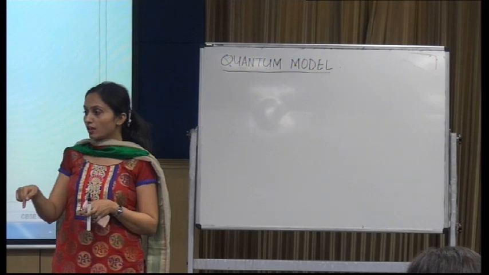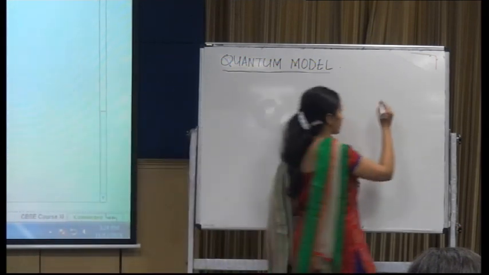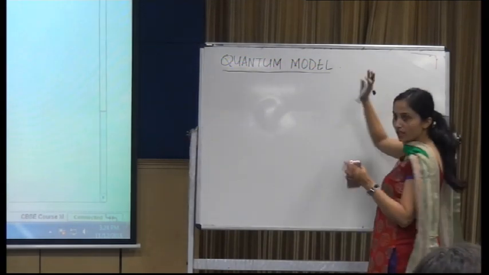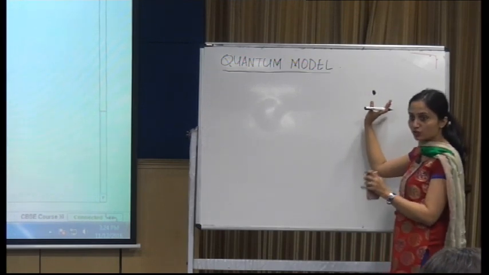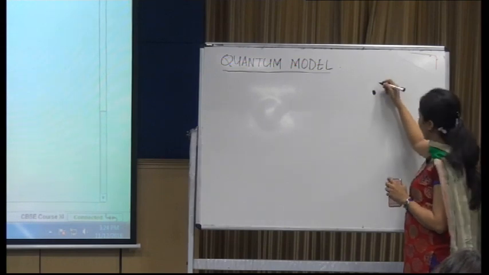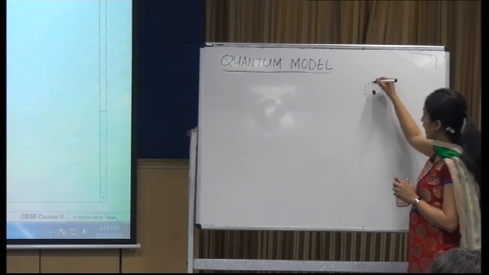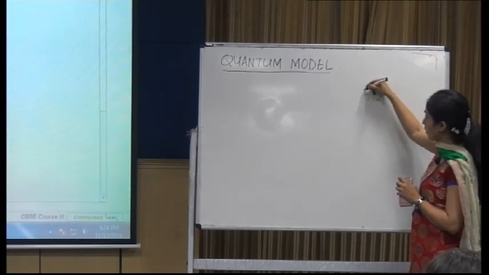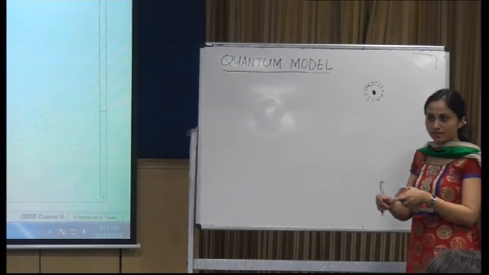Getting the point? Whereas now I am telling you that according to the quantum model, the concept that came up was that you have a nucleus, hypothetical. Hypothetical means this is not something which is in actual reality. So you have the nucleus and then you have the electron revolving around the nucleus, and this electron is not exactly revolving in a particular shell, but it has a probability of going here, there, everywhere around that particular place.